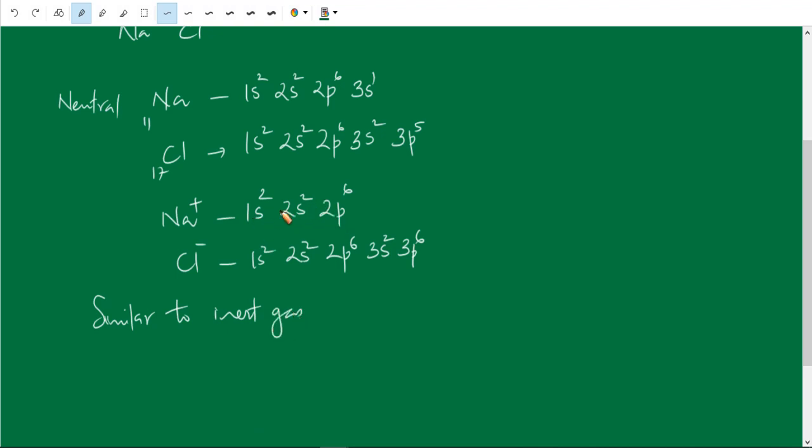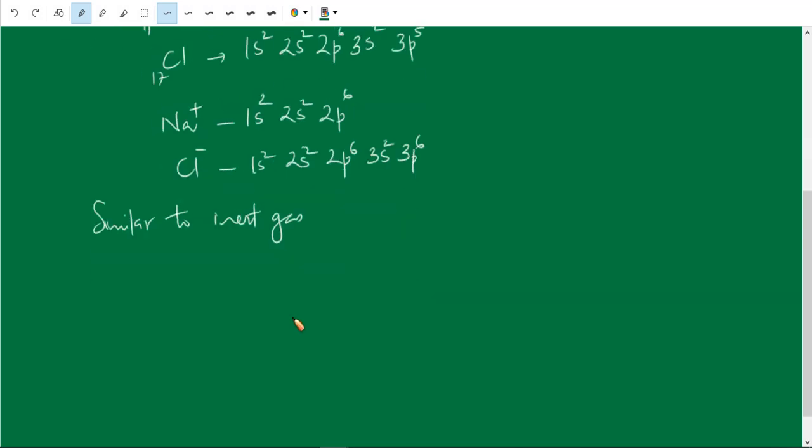This is the configuration 1s2, 2s2, 2p6 of neon, and this is the configuration of argon. So it is similar to that of inert gas. They have spherically symmetric charge distribution around the nucleus, approximately spherical with some distortion near the region of contact with the nearest neighbors. That picture is given in the textbook.